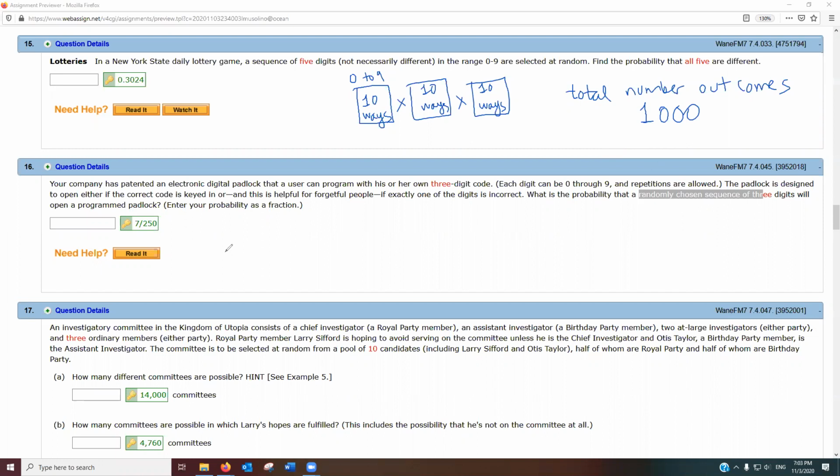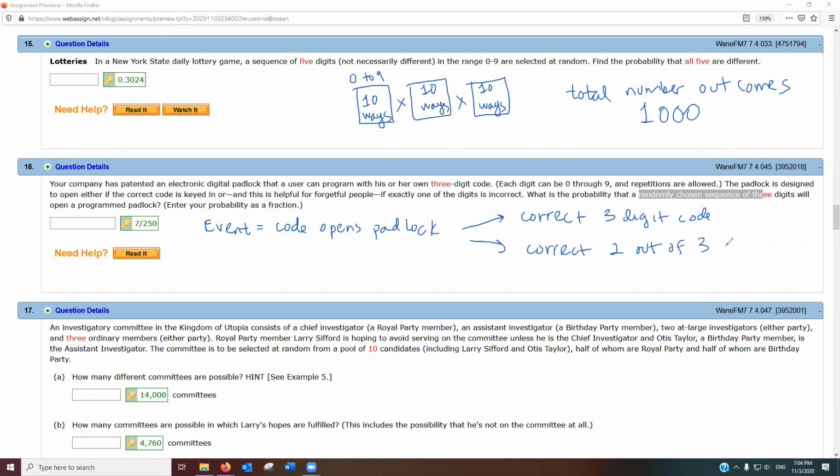All right, now let's think about the event of getting a code that opens the padlock. Well, there's two possibilities. You either guess the correct 3-digit code, or you get correct 2 out of the 3 digits.